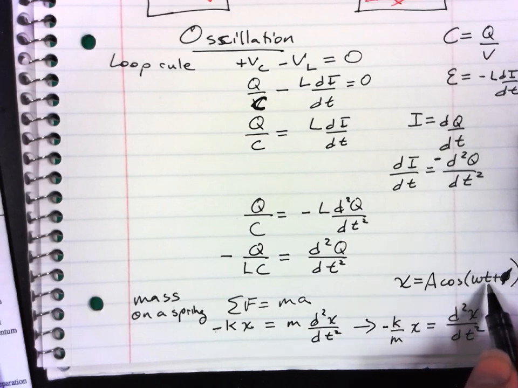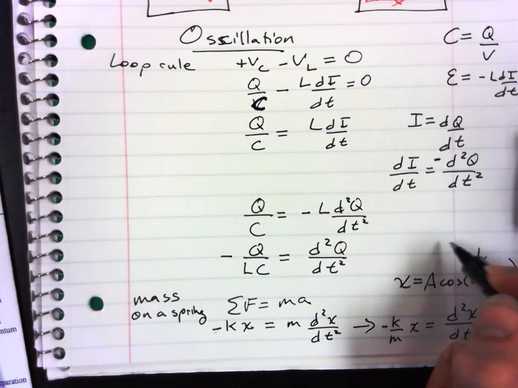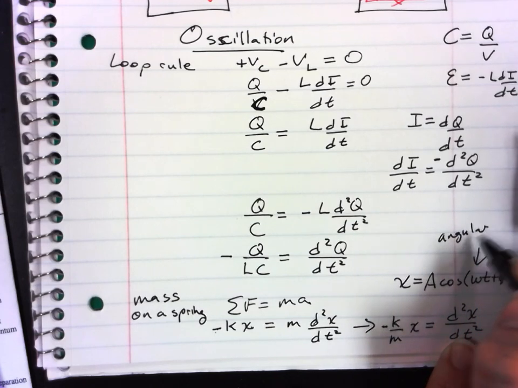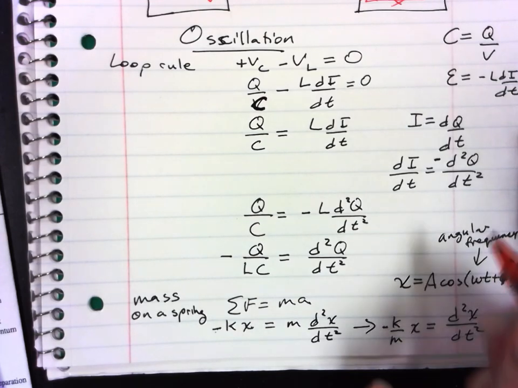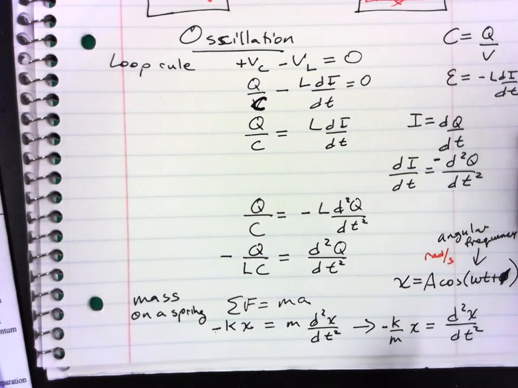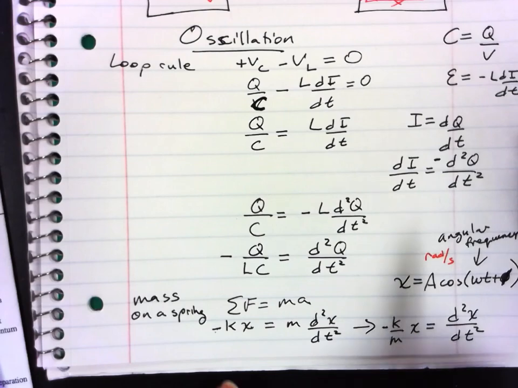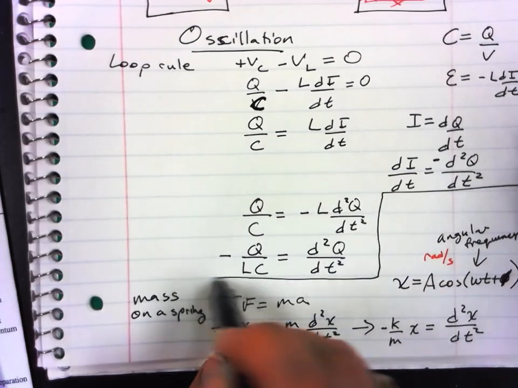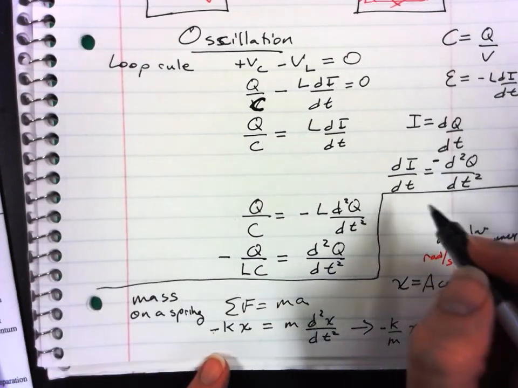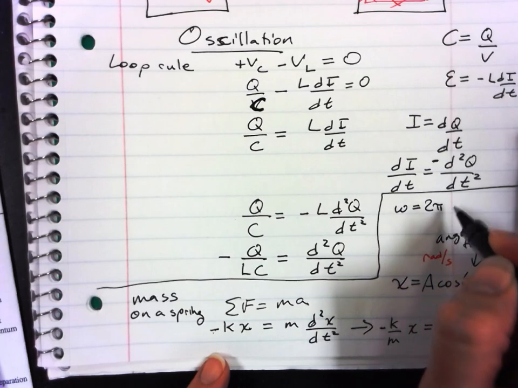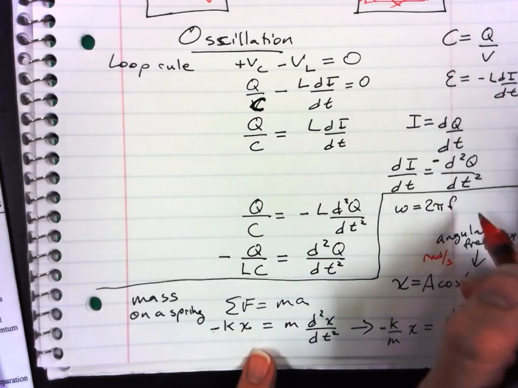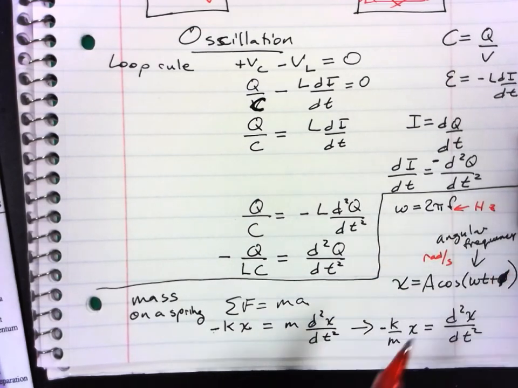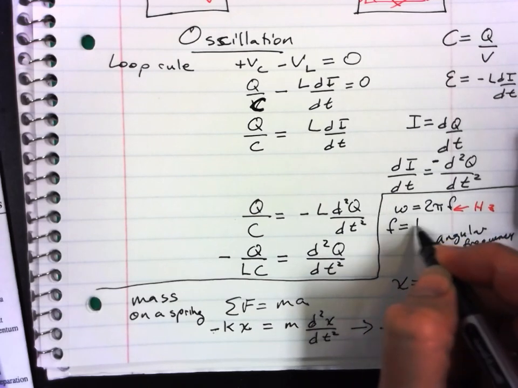And omega is the angular frequency, which is measured in radians per second. Angular frequency is equal to 2 pi times regular frequency, which is measured in hertz, and frequency is 1 over the period.